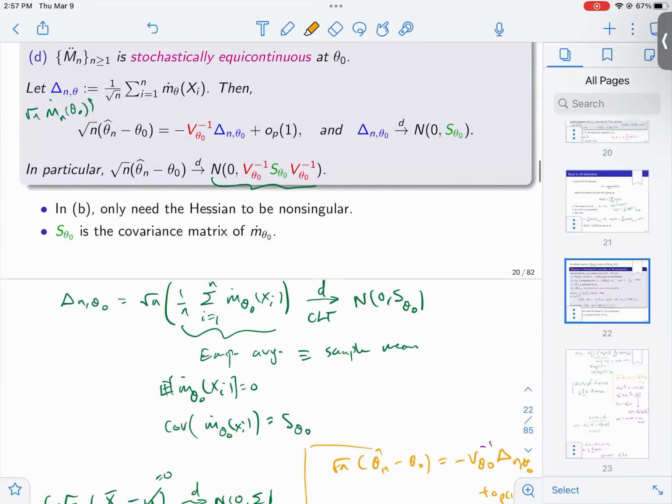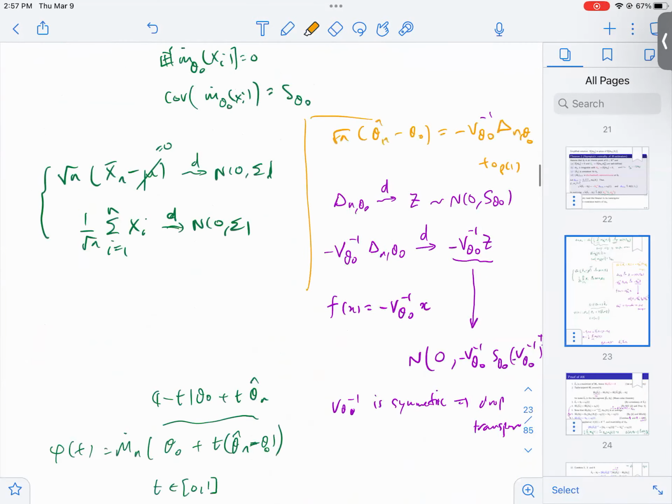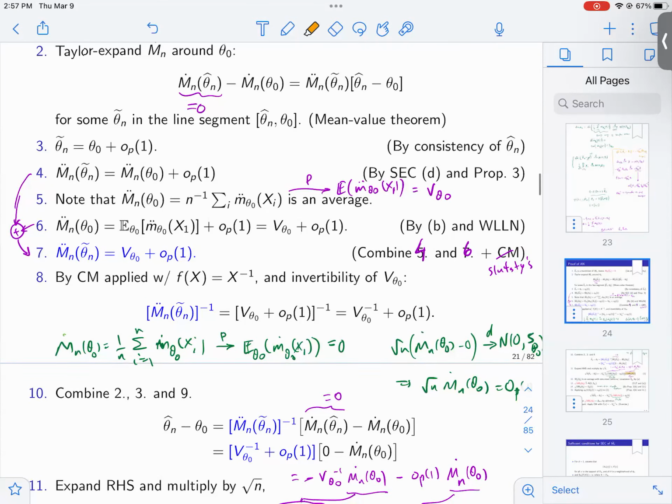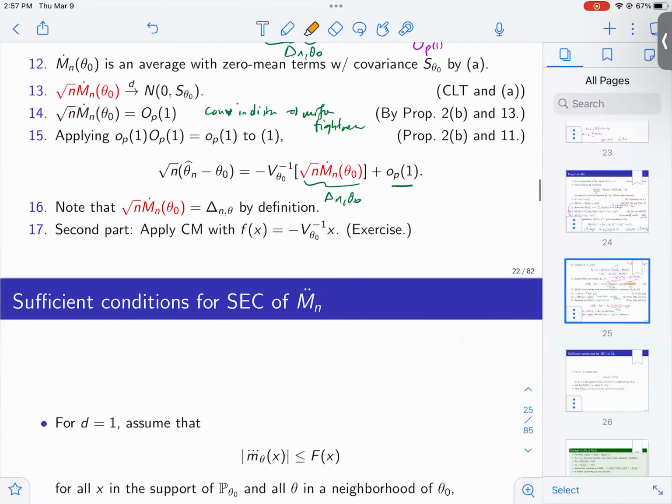Every little step we use something there. But once you get comfortable with these ideas, you can see it's very easy to write down. It's not a straightforward proof, but it's sort of straightforward if you use these little OP of ones. If you don't, then it's going to be a little horrible to write down. So that's the power of these little OPs, big OPs.